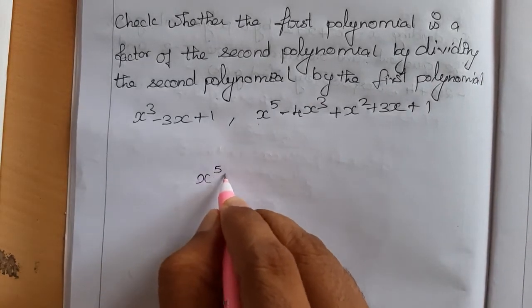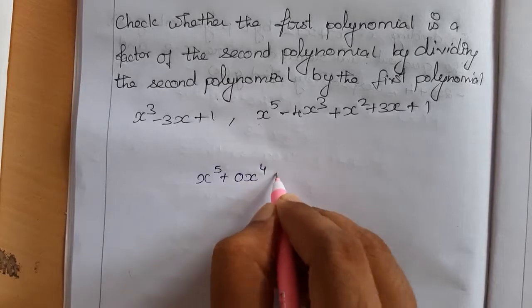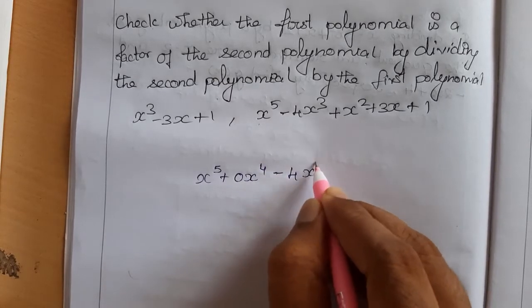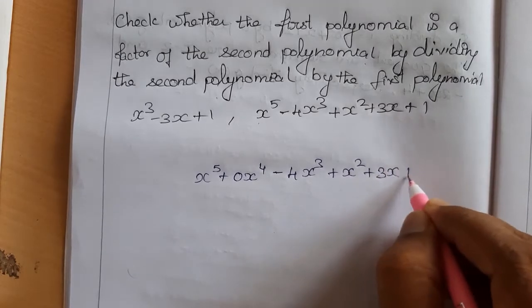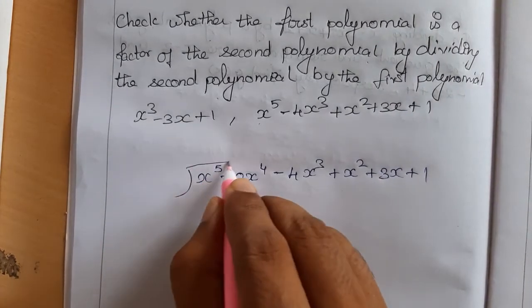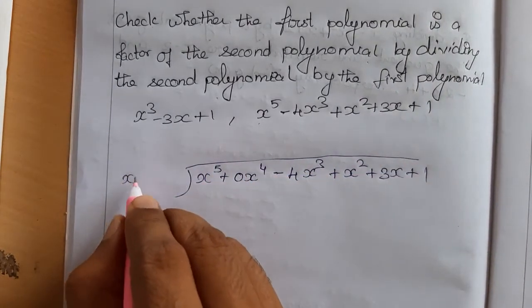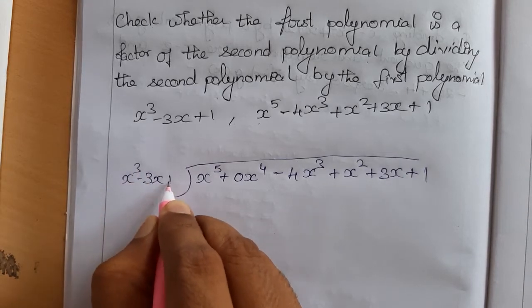x power 5 plus 0 x power 4 minus 4x cube plus x square plus 3x plus 1 divided by x cube minus 3x plus 1.